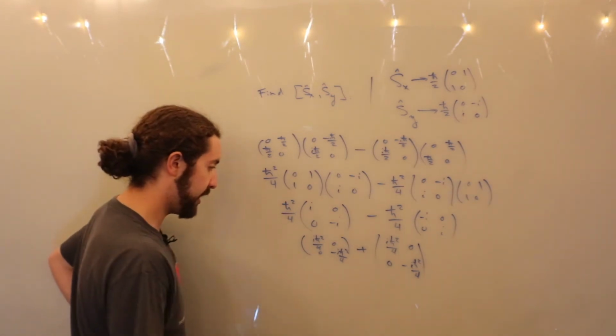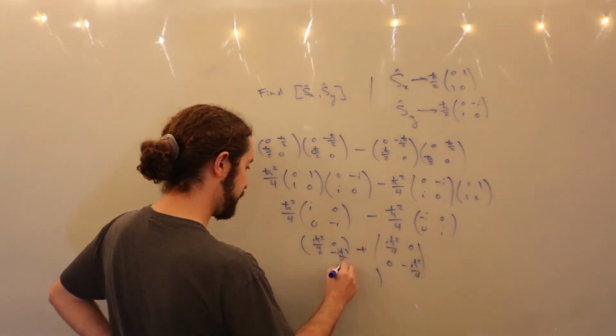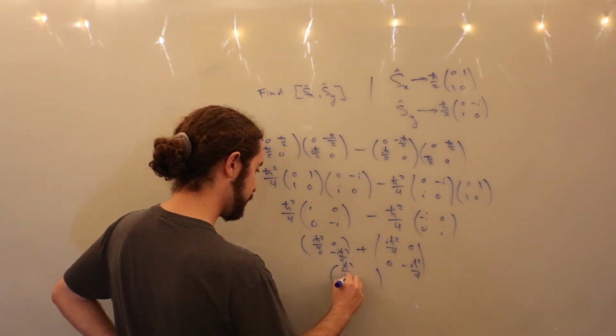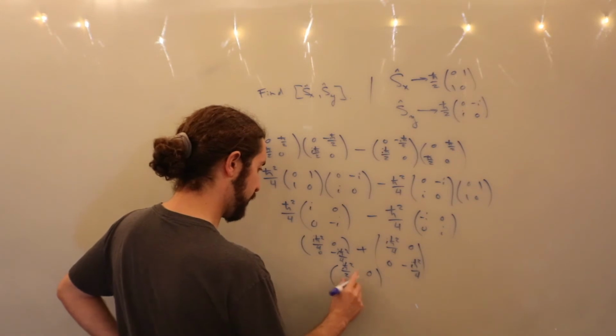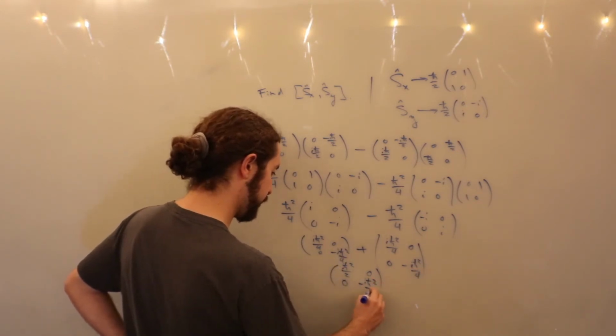And so we're going to have, as our final answer, iħ²/2, 0, 0, and negative iħ²/2.